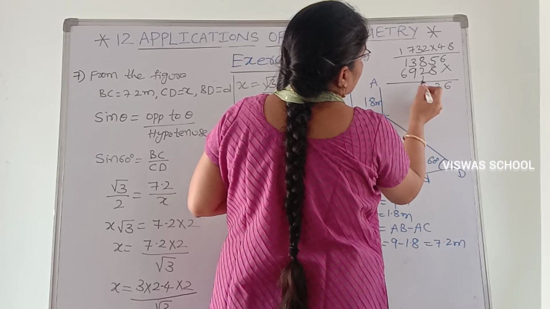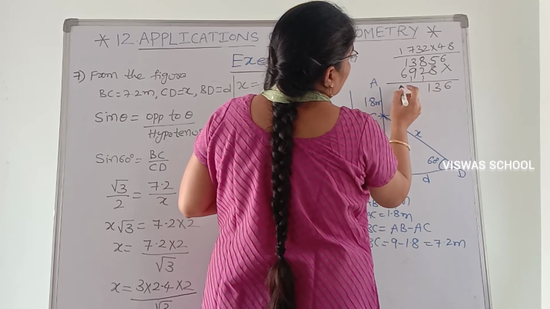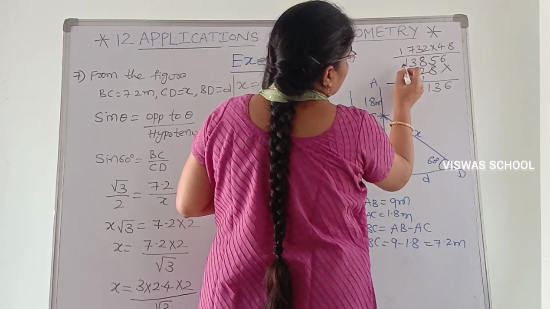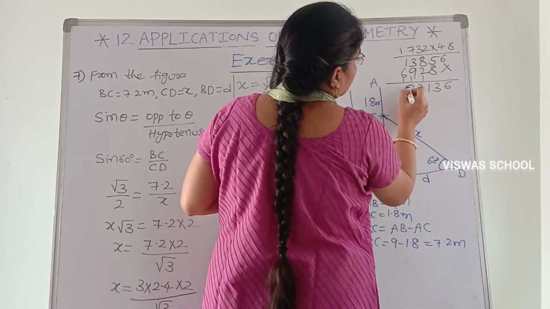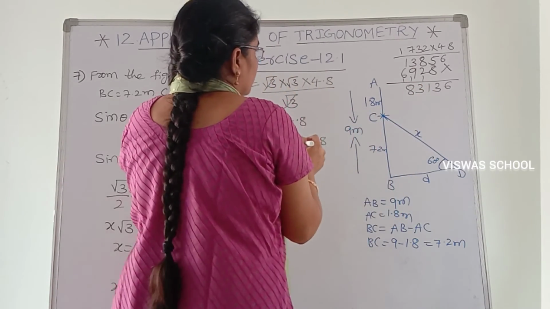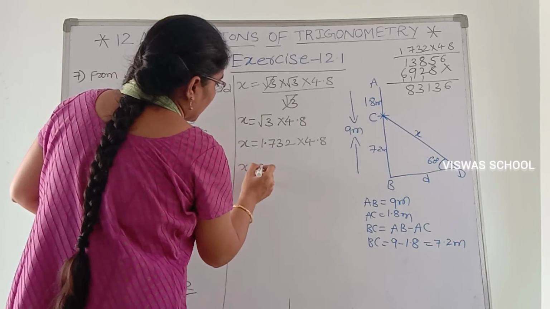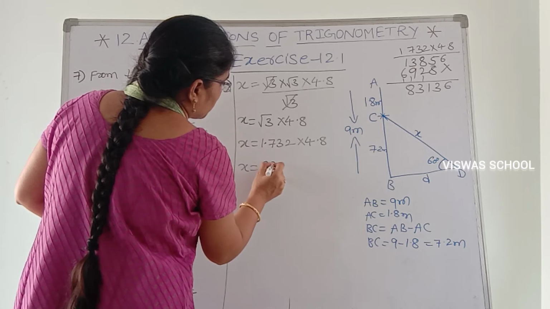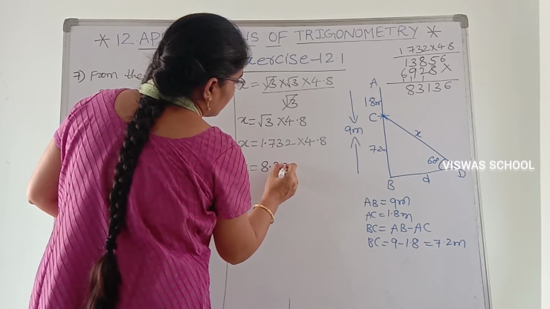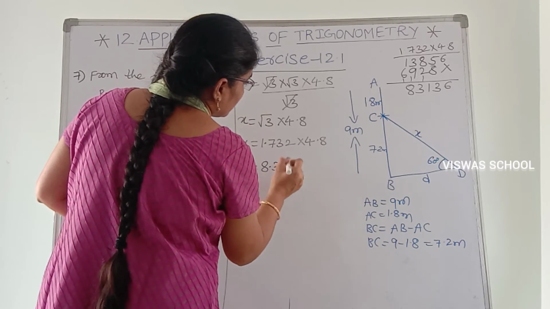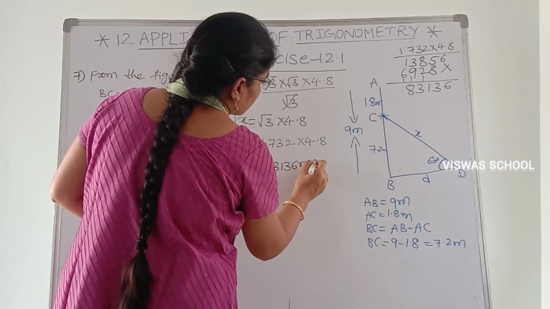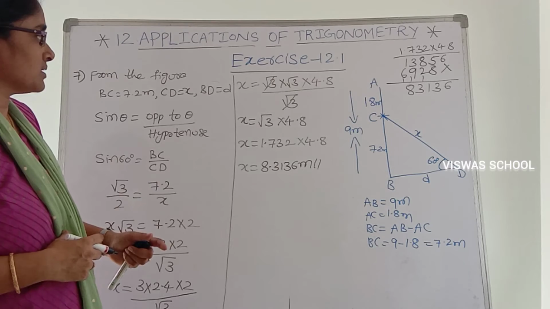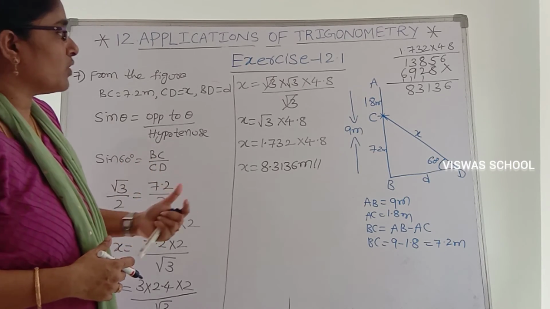Adding these up, x equals 8.3136 meters.